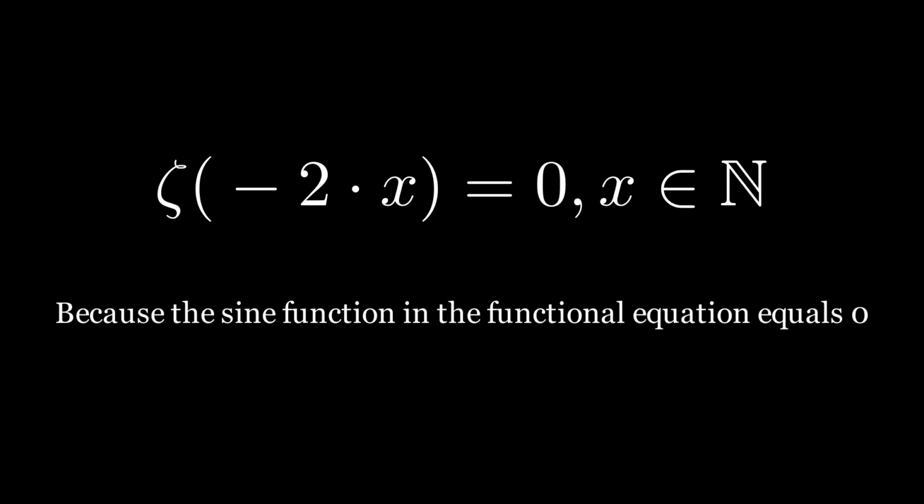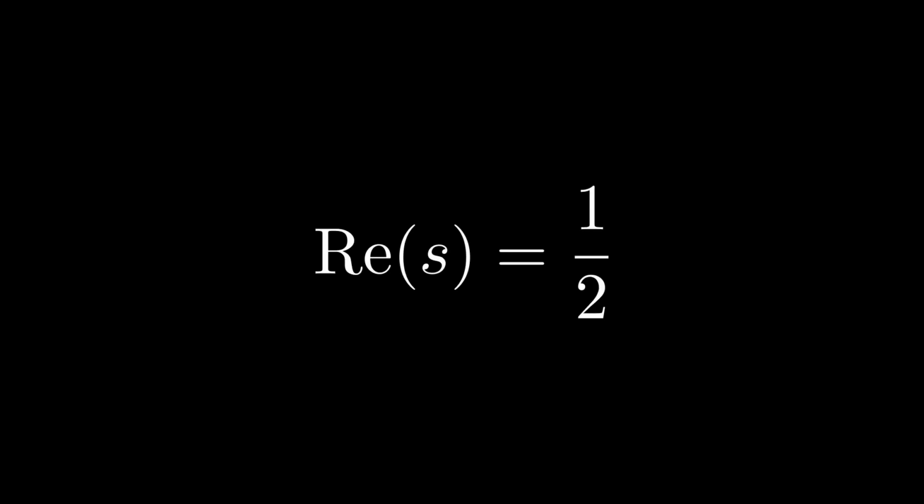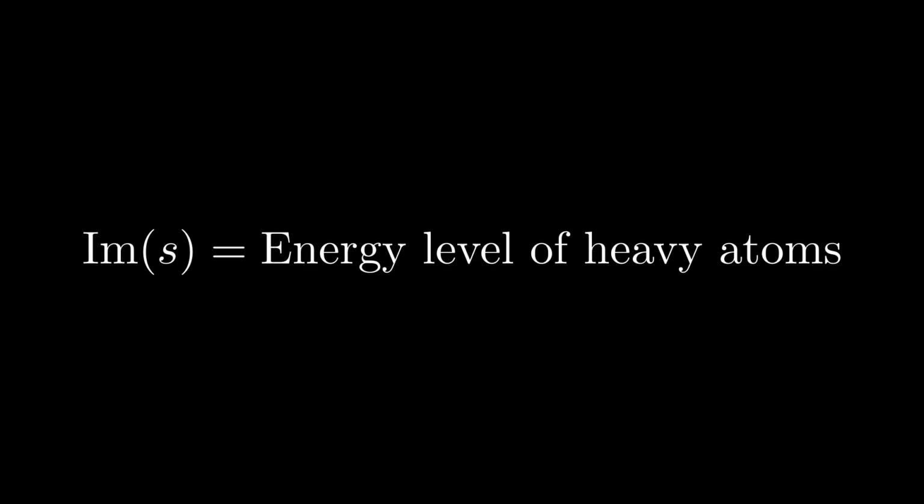Well, they all follow a very strange pattern. All of them are complex numbers where the real part is equal to 1/2. So far, supercomputers have checked over 10 trillion non-trivial zero cases, and all of them fit this pattern. One fascinating feature of this is that the imaginary part of the number matches exactly onto the energy levels of heavy atoms like uranium, which is a very curious property for it to have.